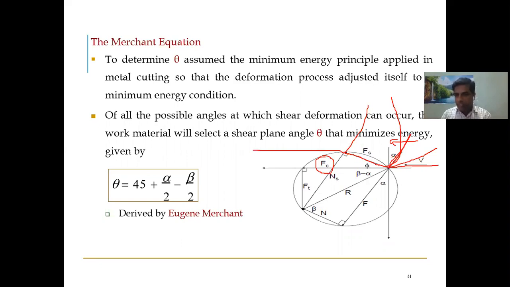That is nothing but the cutting force. So please remember, whatever force the tool is applying on the workpiece as it moves is called the cutting force. It's clear? Cutting force?